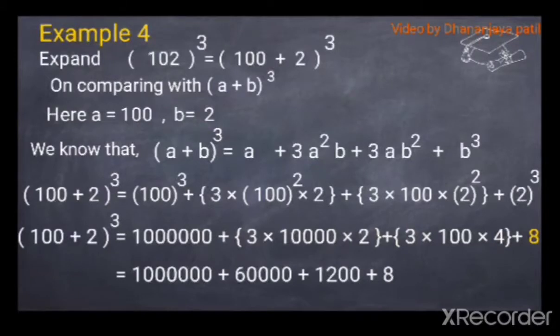So after addition, here we get 10 lakhs 61,208. So this is the final answer for the cube of 102. So by using this expansion, we can find the cube of any number.